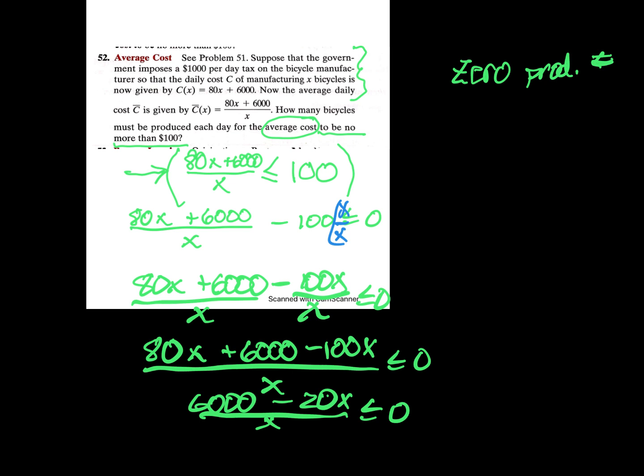And that's what we have here. We have 6,000 minus 20x divided by x. So what that means is our critical points here are 6,000 minus 20x equal to 0, or x equals 0, okay?